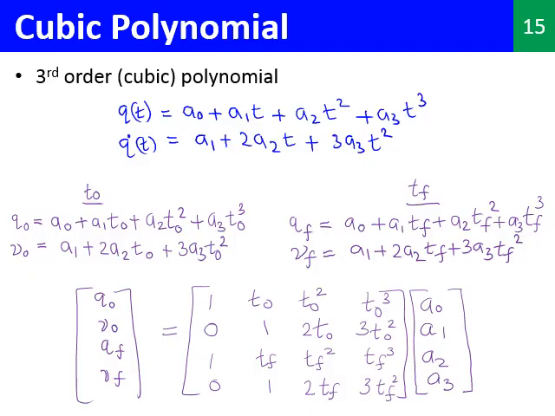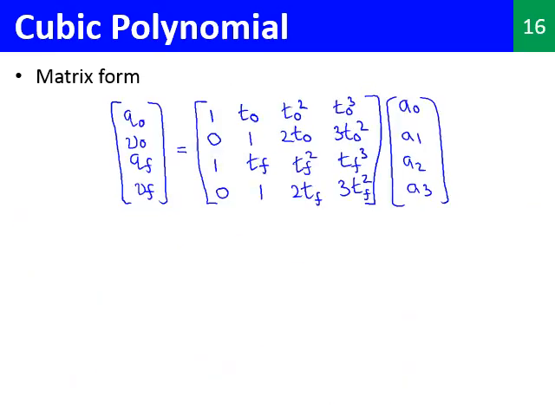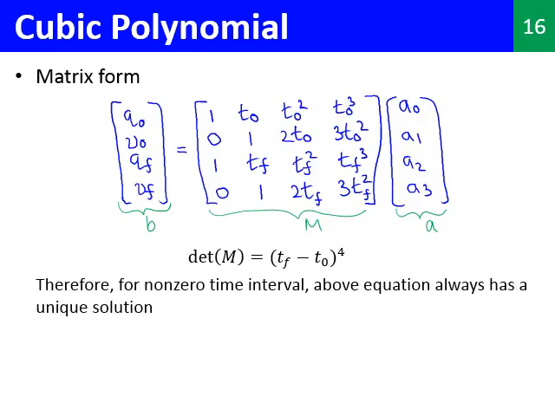Okay, so I will call this vector B, this matrix M, and the coefficient vector A. If we find the determinant of M, you will find that to be (tf minus t0) to the power of 4.